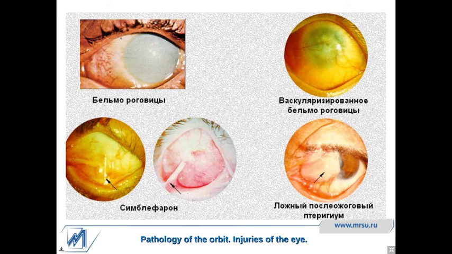And on the third picture, there is also fibrous tissue which grows on the cornea and on the conjunctiva. It proliferates and closes the normally transparent tissue of the cornea.